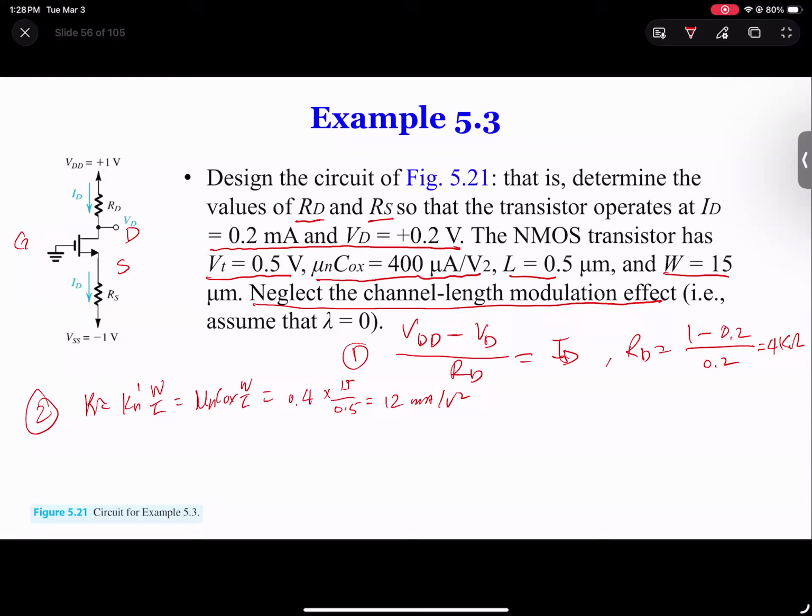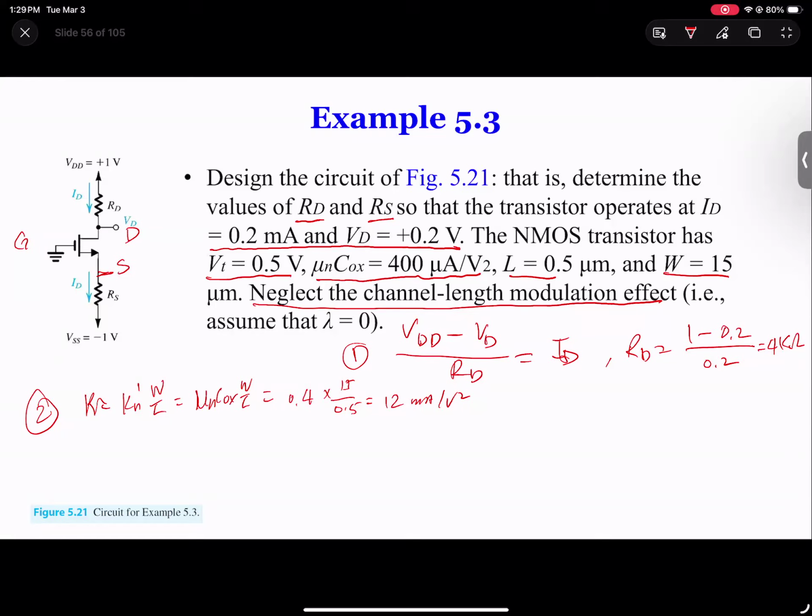Now the next question is, do we know VGS? In real life, we don't know VGS because we don't know VS, and we also don't know VDS. We know VD, but we don't know VDS. If we have too many unknowns, we cannot decide whether it's in saturation or triode.